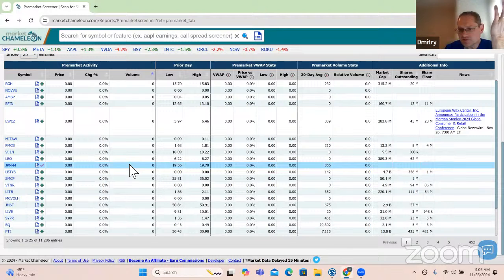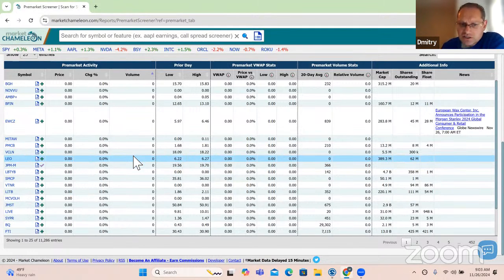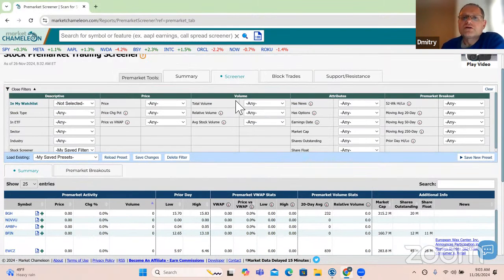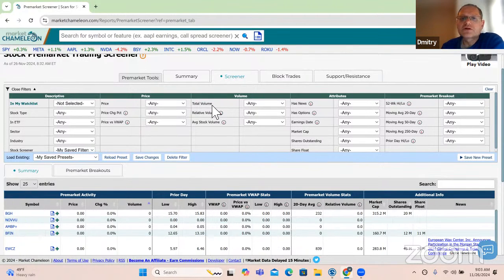If you have 100 shares that traded and nothing else and the markets are wide, you might get a lot of those, and there's not much there, right? Because it's not very active, liquid, or opportunity to trade. No trading going on.